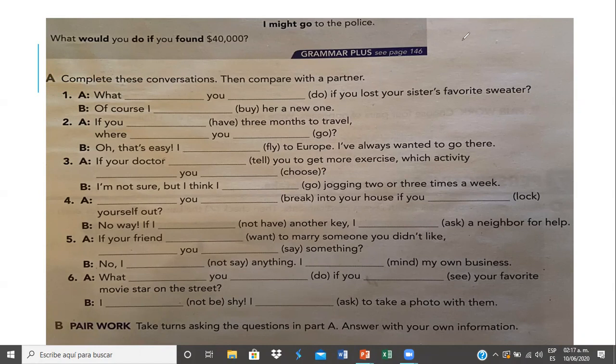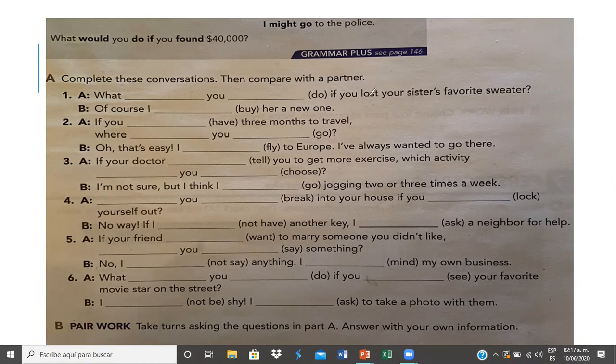Just one tip, remember, second conditional is formed by two clauses. The first clause is the one with if, which uses simple past, and the second clause, after the comma, is formed by either would, could, or might.